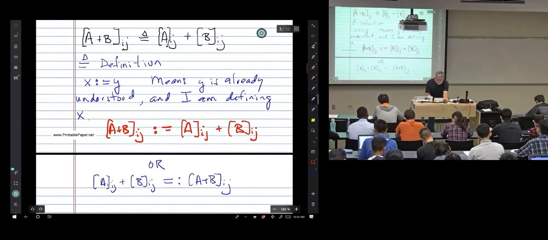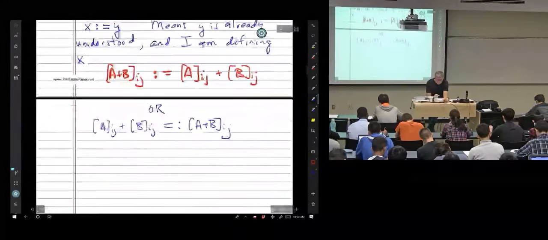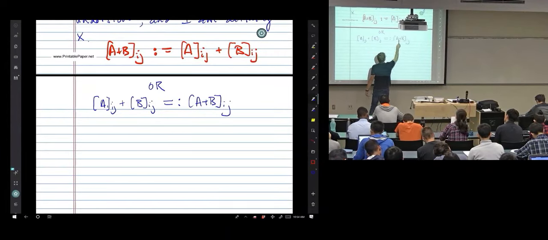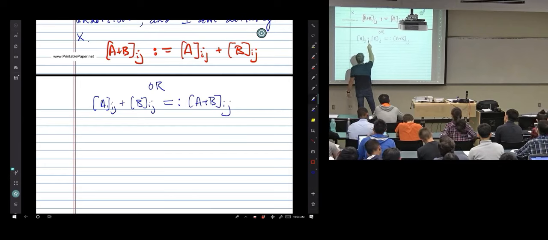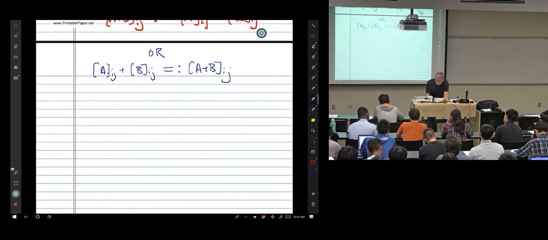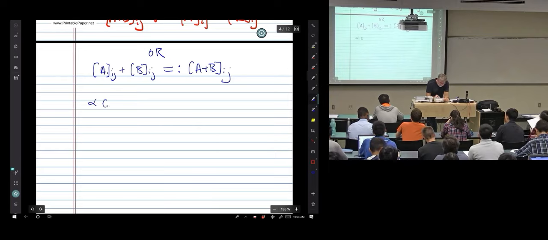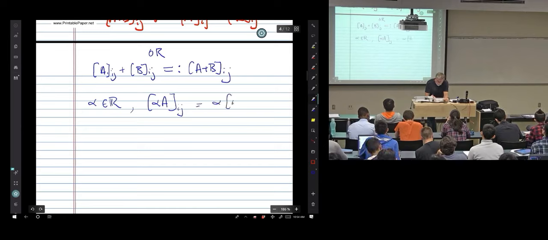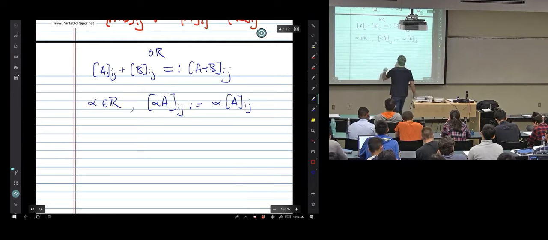Okay. So let's go back to this notion of addition, and here I'm making a sense that this is addition of matrices, but this is something I know, the addition of real numbers. And then if I want to define alpha in R, then the product of alpha times that matrix, the ij entry, is simply alpha times the ij entry of aij, okay?